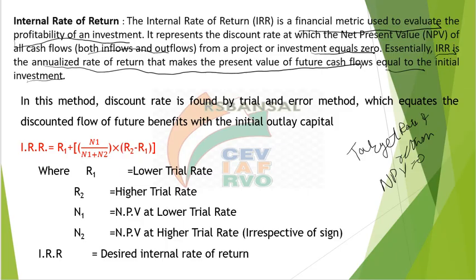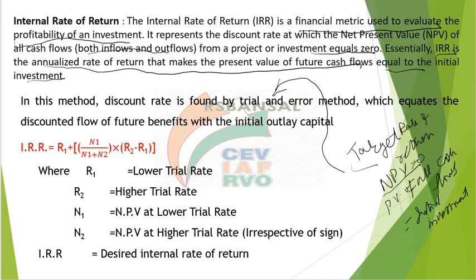It means if the net present value is zero, the present value of all cash flows equals the initial investment. So for that, we have to find this rate by the trial and error method, which equates the discounted cash flow benefits with the initial outlay capital.